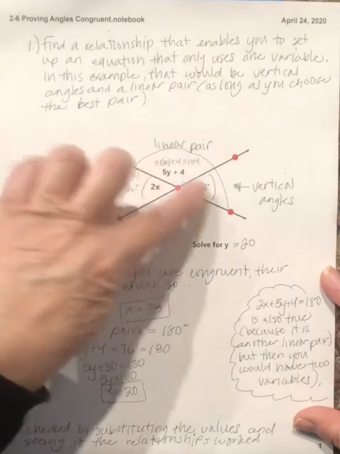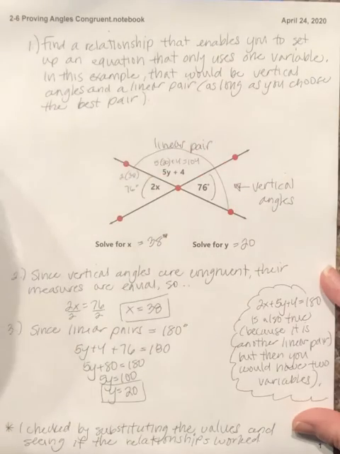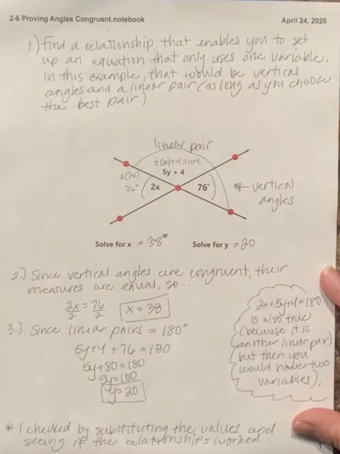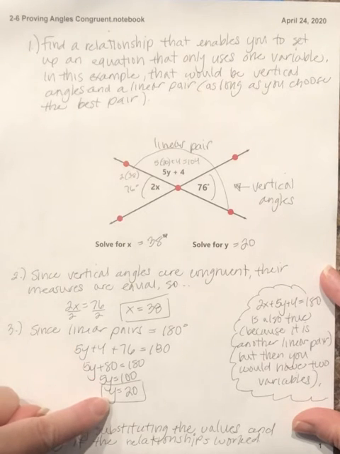So I'm looking for the pair where I could only use one variable. So I know that this angle here, which is 5y plus 4, plus this angle here, which is 76 degrees, that's my linear pair, so those angles together equal 180 degrees. And that's my equation that I set up. I just solve it from there, and I get y equals 20.